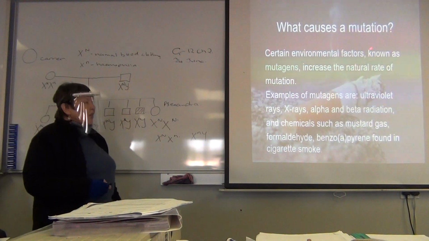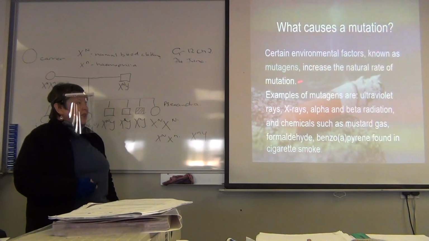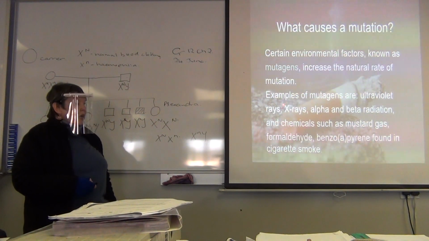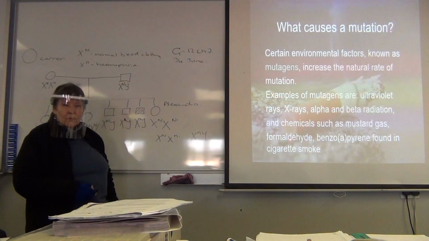So what causes a mutation? Certain environmental factors known as mutagens increase the natural rate of mutation. And there are lots of different mutagens. X-rays, ultraviolet rays, alpha and beta radiation, and then certain chemicals such as mustard gas, which you know was used in World War I. Formaldehyde, this is formalin, the thing that used to be used for preserving organisms.